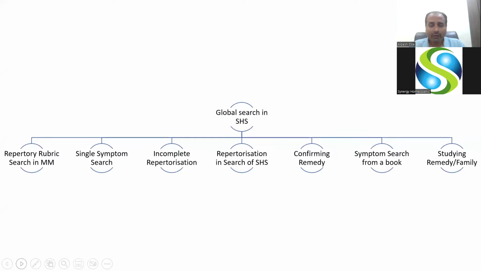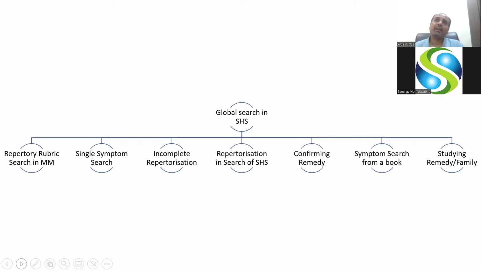You can see very clearly that we'll have a general topic discussion over rubric search in the repertory through the SHS search. We'll be having single symptom search. There is some unique symptom in the case and we'll make a search for that.